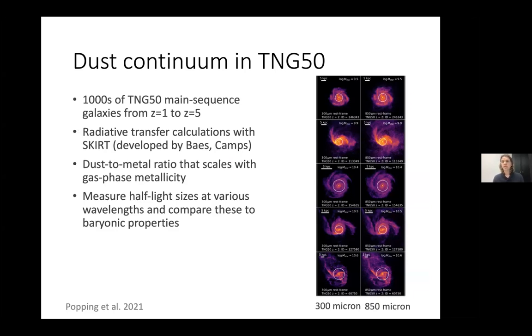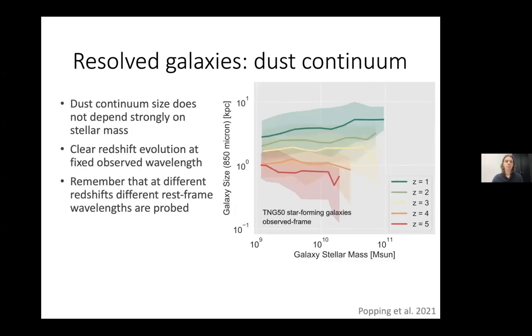And then what you get is, on the right-hand side, a few beautiful examples of galaxies at a wavelength of 300 micron and 850 micron. You see some nice structures, spiral arms, even hints of bars. And then the white circle indicates the half-light radius at these particular wavelengths. So what we did, we measured the half-light radii at various wavelengths, compared these to each other, or compared these to various baryonic properties.